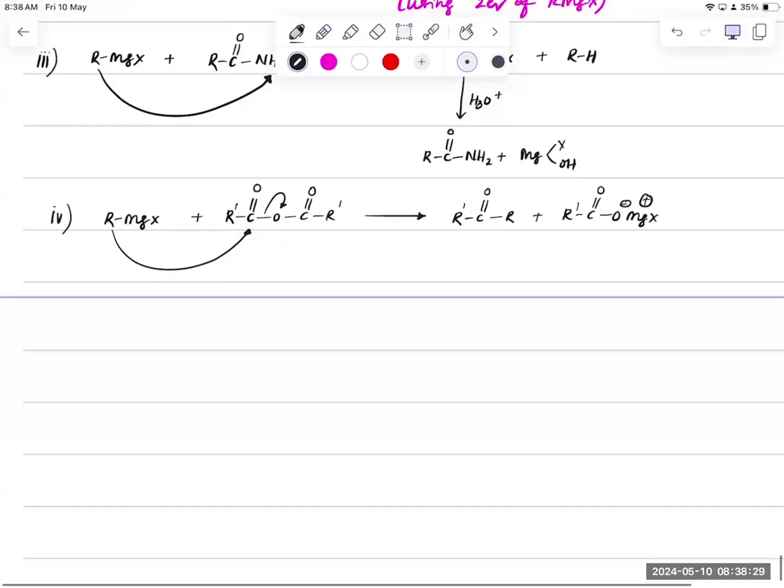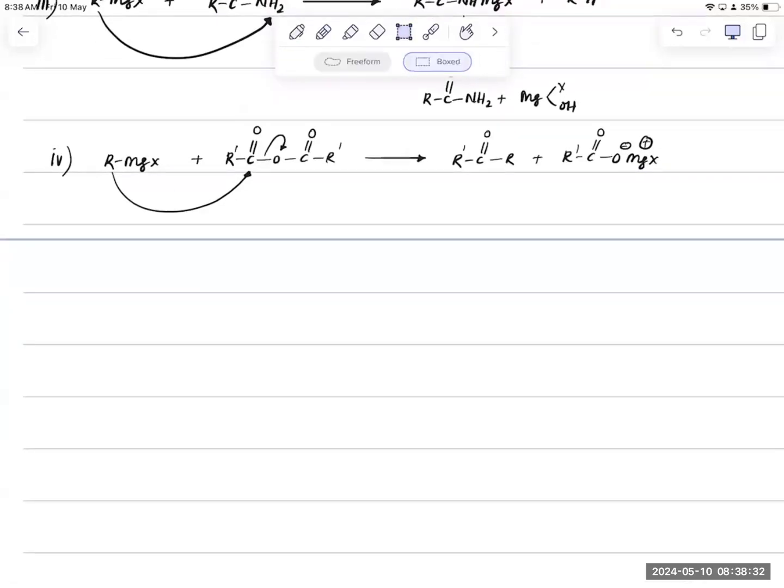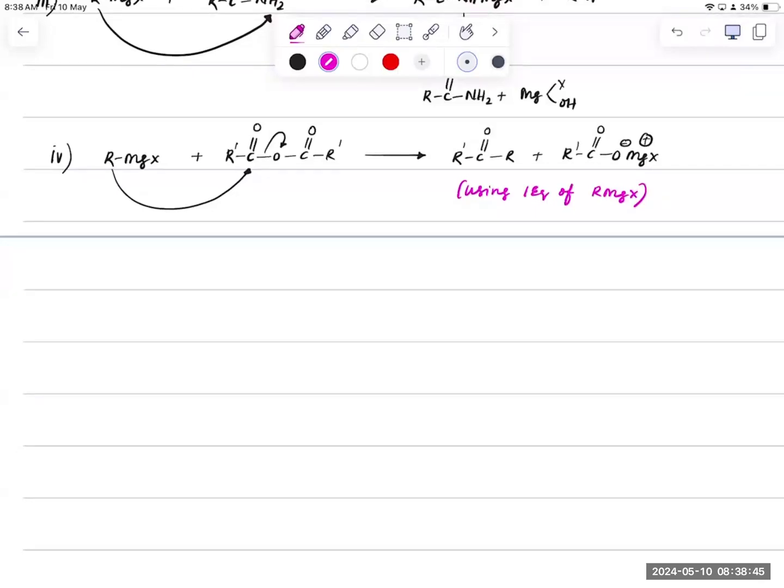And if you deal with one more mole here, this will again react. This is only using one equivalent of RMgX. If the question is only one equivalent, students, you'll end up here only. You will not go for the reaction. But if it is given nothing, you will react once again with R dash C double bond O R and you will get R dash C R and R with O minus MgX plus.